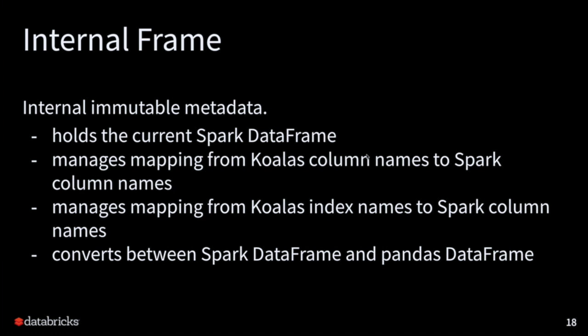Also, Koalas has the mapping from Koalas index to Spark columns. The combination of the Spark data frame and the metadata provides the mimic of Pandas data frame. Optionally, but importantly, it provides the way to convert from Pandas data frame to Spark data frame and extract some metadata, and vice versa.